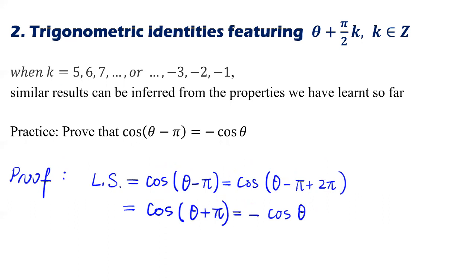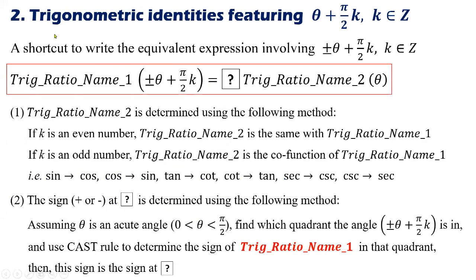All right. So let's make a summary. Actually, there is a shortcut to write the equivalent expression involving positive or negative theta plus half pi times an integer. The shortcut states that suppose we have a trigonometric ratio named 1 and the angle is positive or negative theta plus half pi times k.